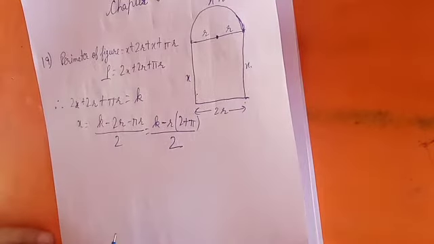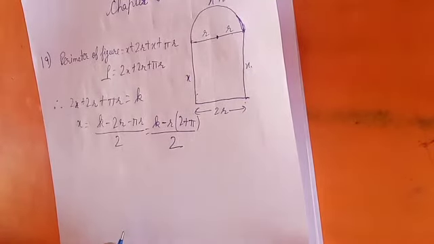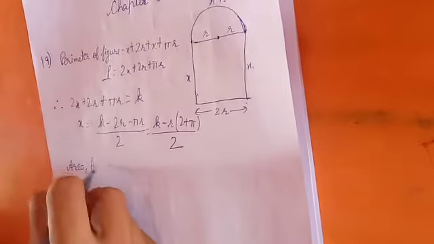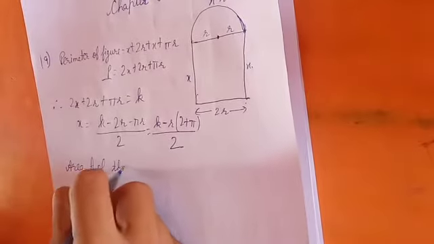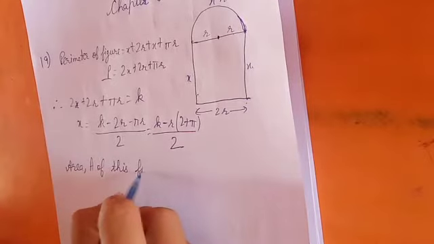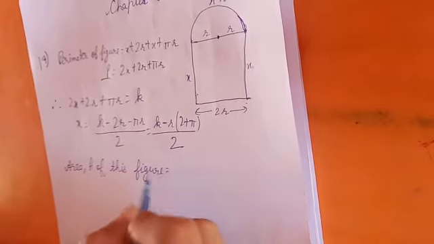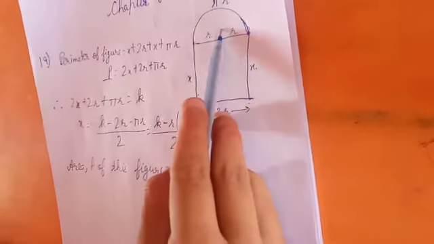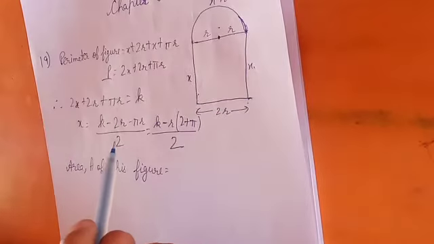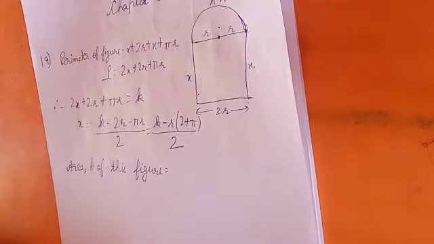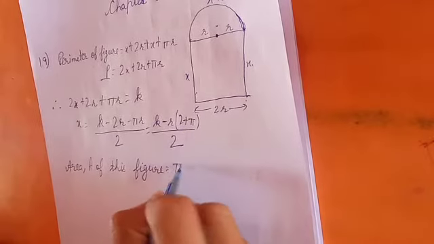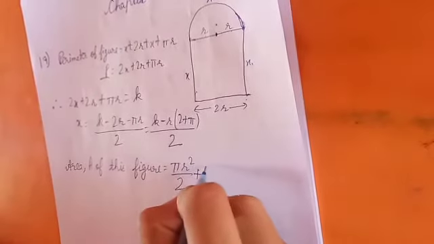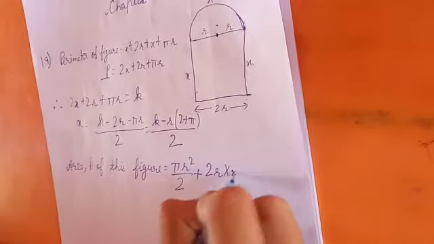Now we have to find the area of this figure. The area A is, first of all, of a circle pi r square, but it is a semicircle, so it will be half of that, that means pi r square by 2, plus that of the rectangle, which is length into breadth.